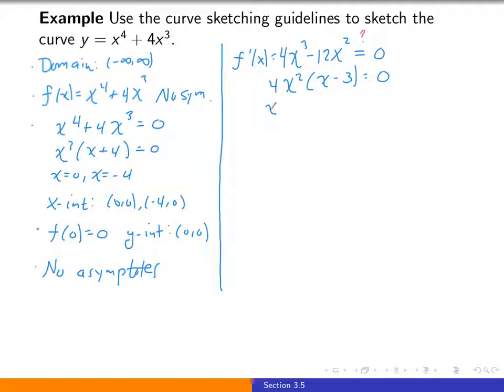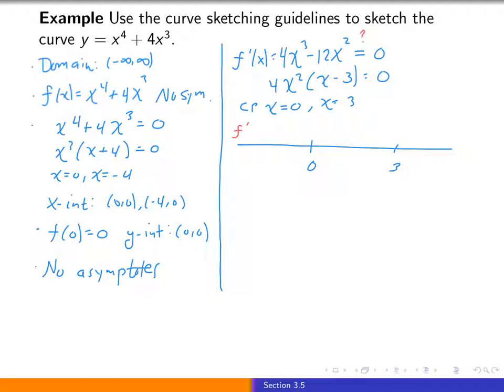So we have critical points at x equals 0 and x equals 3. And what we would like to determine are the intervals of increase and decrease. So we think 3 possible intervals. What would the sign of f prime be?